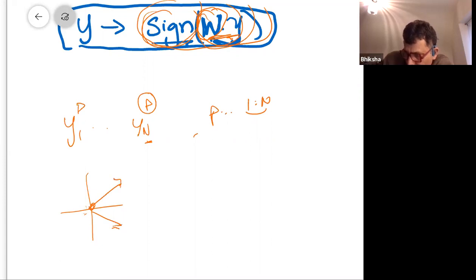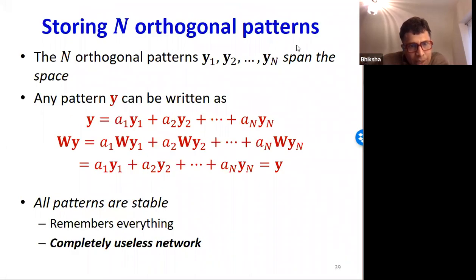If I have, for instance, a 3-dimensional space, I'm going to have one eigenvector for every dimension. And as a result, these eigenvectors together will span the space. And when they span the space, any random vector can be written as a linear combination of the patterns that I'm trying to store.